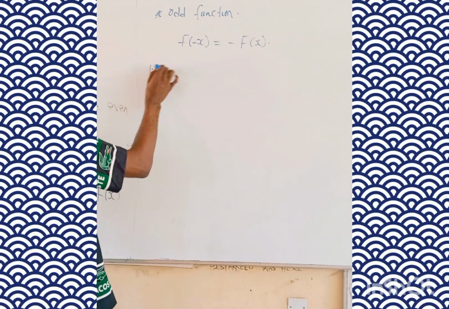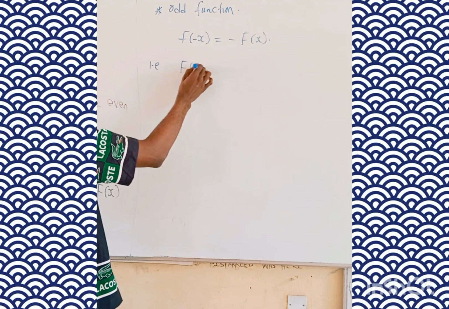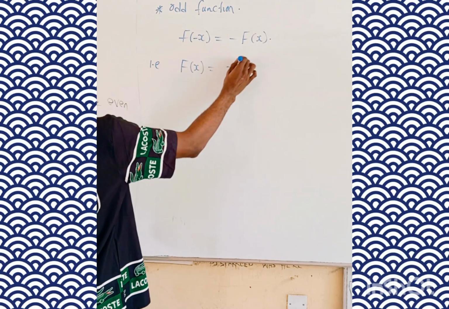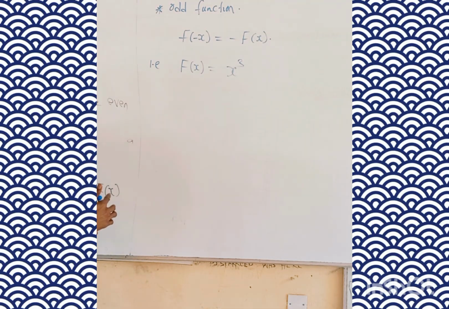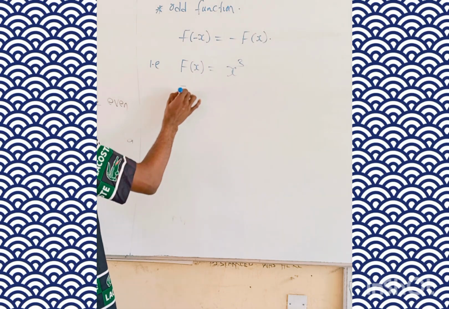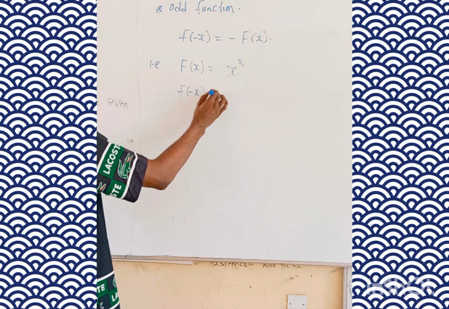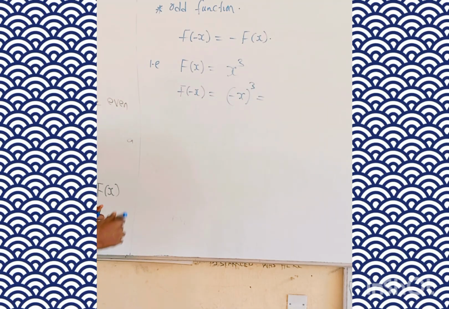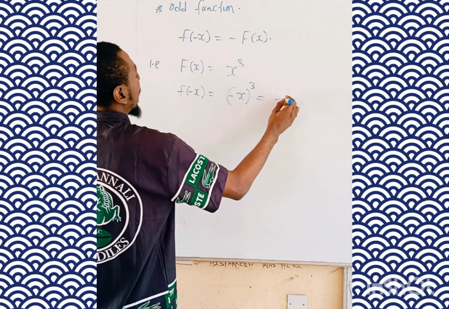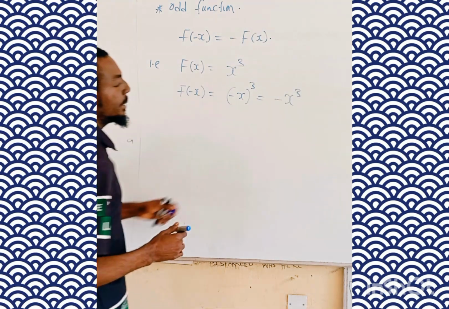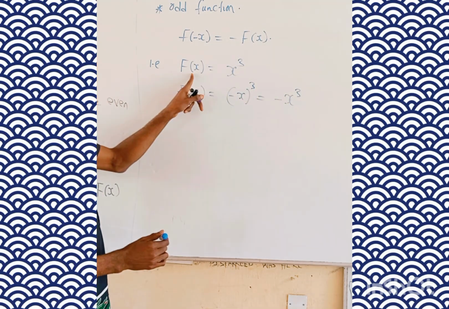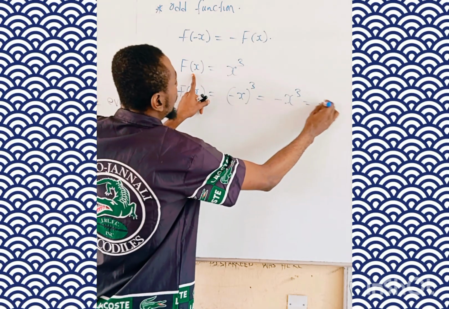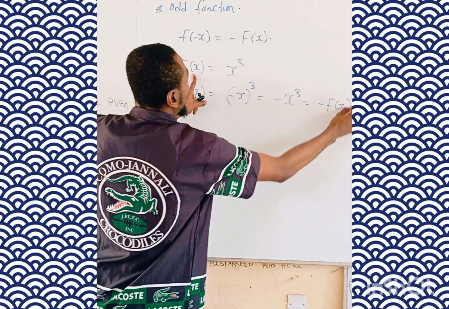That is, if we have given that f of x is equal to x cubed, we have f of minus x is equal to minus x all cubed. Definitely will give us minus x cubed. Since x cubed is f of x, therefore this means minus f of x.